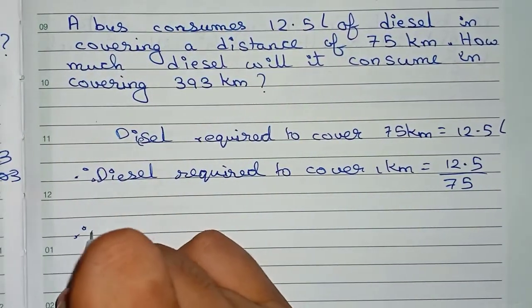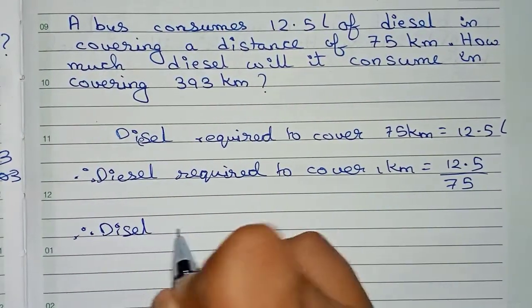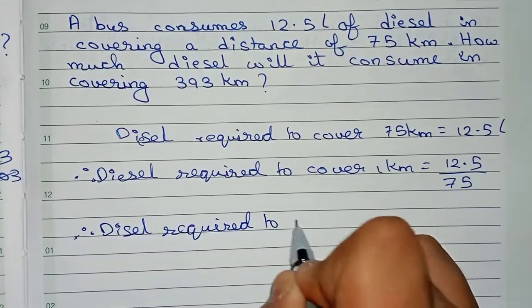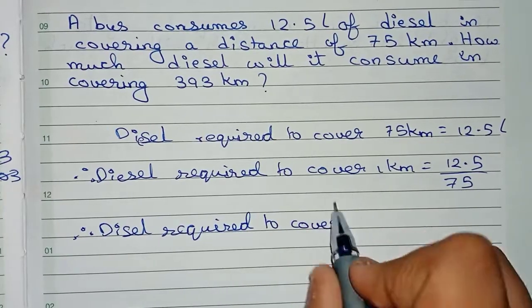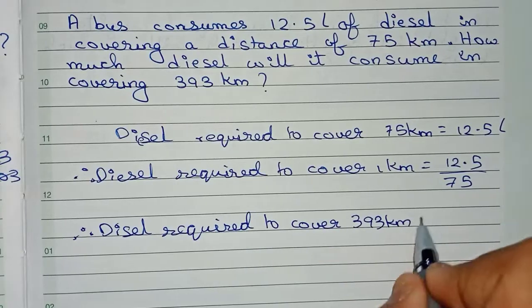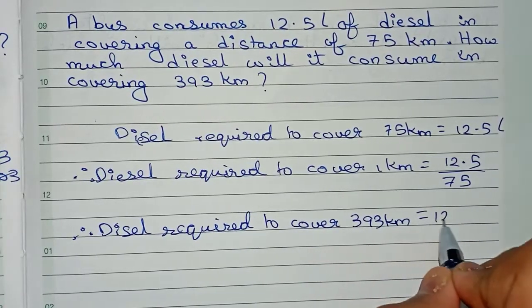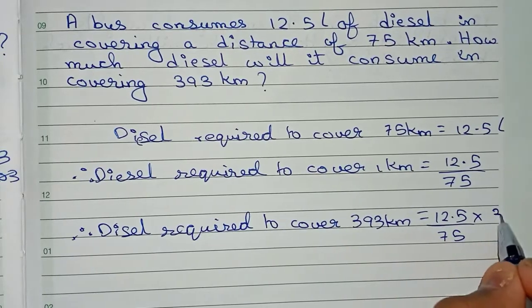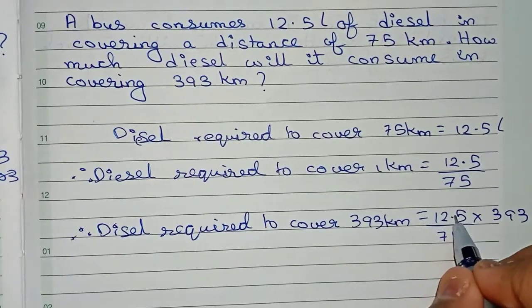So now we write the final statement, that is the diesel required to cover what is given in the question, that is 393 km. So now 393 will go for multiplication, that will be 12.5 by 75 into 393. So first we remove the decimal.